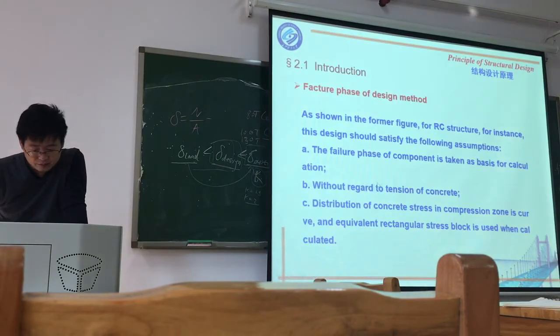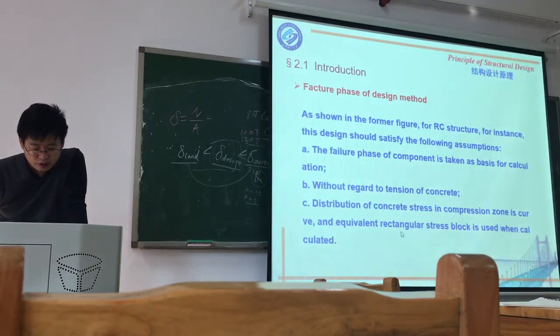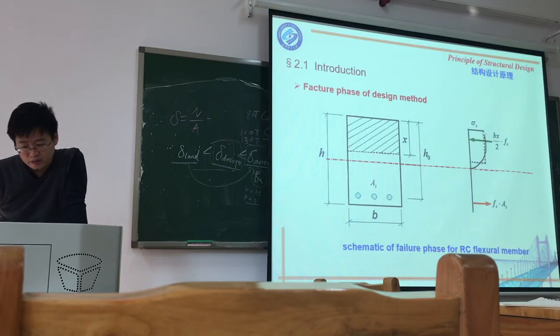The distribution of the component stress in the compression zone is a curve, and we use an equivalent rectangular stress block for calculation. We use this rectangular section to replace the real curved distribution when calculating the compression force.